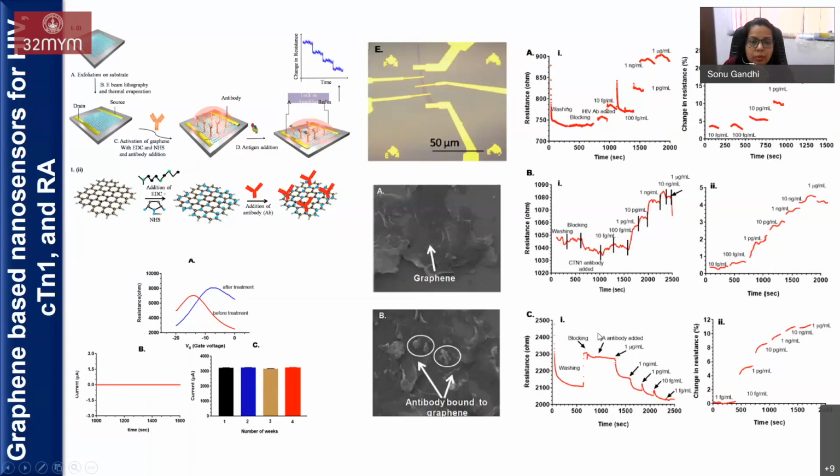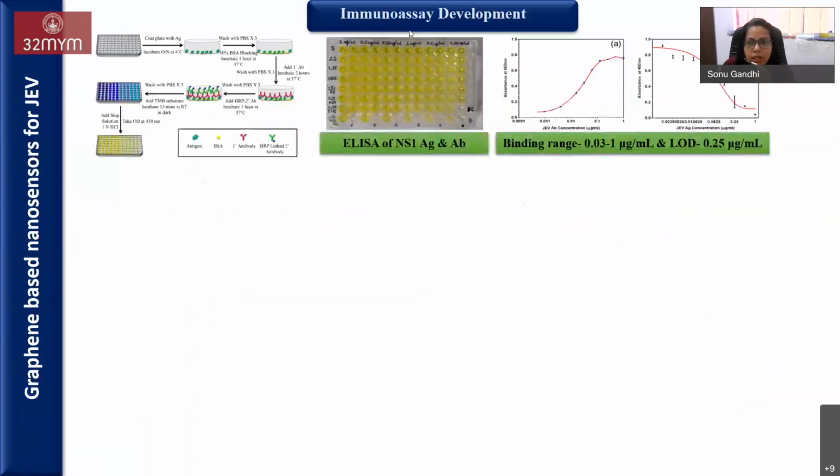Then we have done similar experiments for the Japanese encephalitis virus, which is a major problem caused by the Culex mosquito, and in this case it affects pigs and kids in the northeast and Bihar in India.